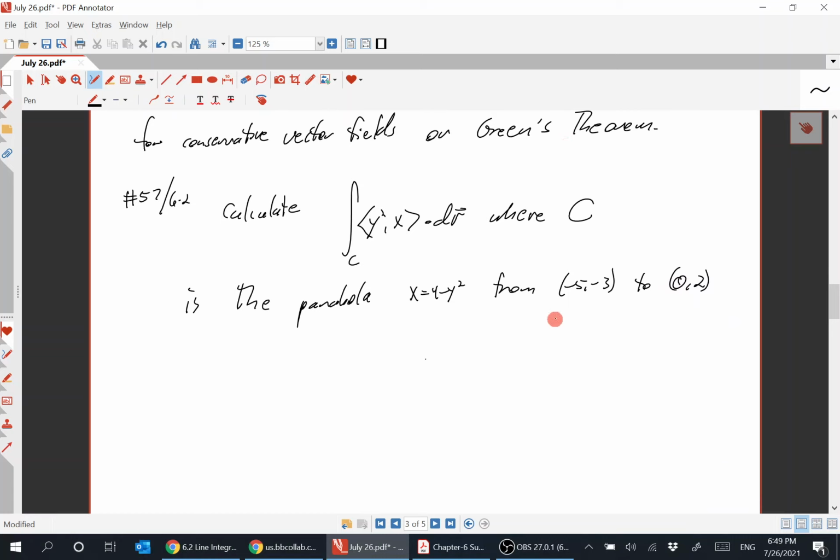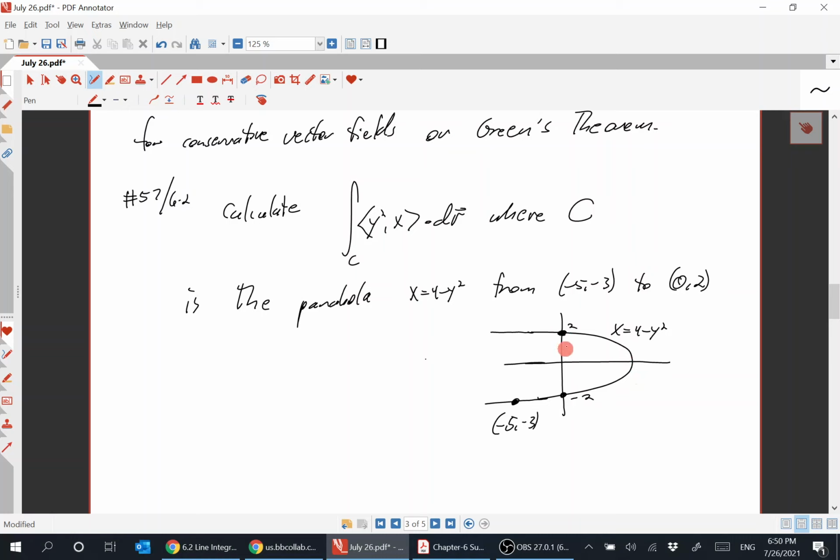So let's take a look at this just so we know what we're talking about. So x equals 4 minus y squared. So that's that leftward facing parabola, from minus 5, minus 3. So it crosses the x-axis at 2 and minus 2. So it's like right here. Minus 5, minus 3, all the way to 0, 2, over here.